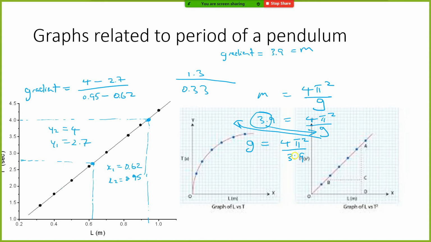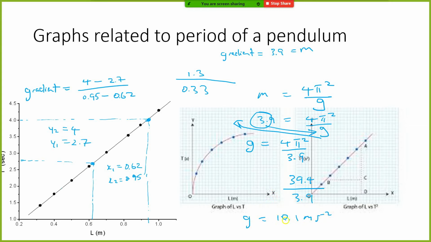When we multiply pi squared times 4, we're getting 39.4 divided by 3.9. I don't know if you guys did it, but I got something like 10.1 meters per second squared.